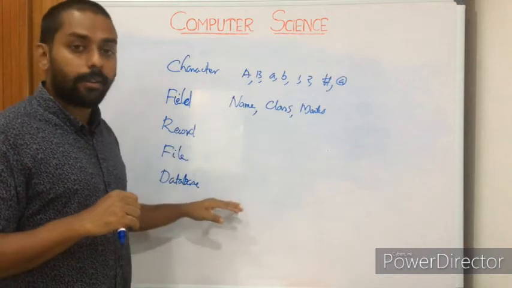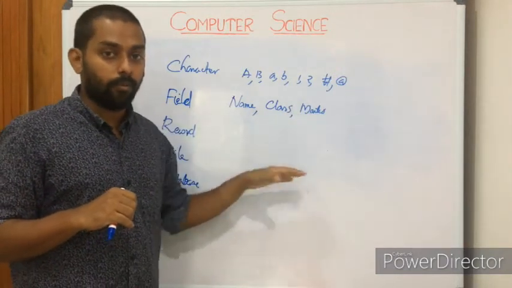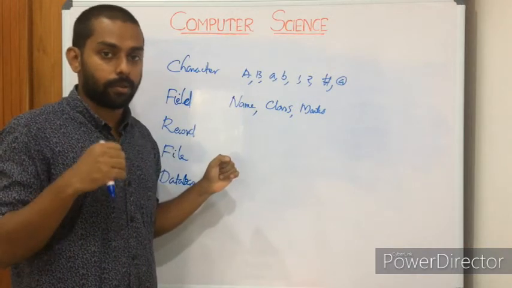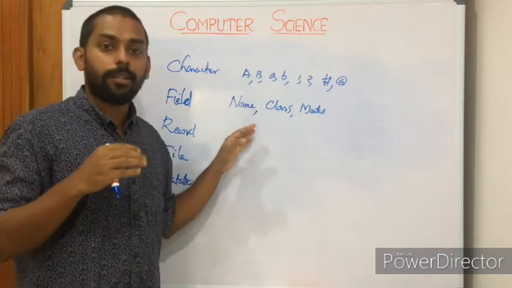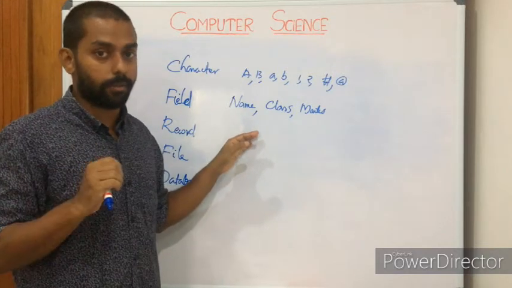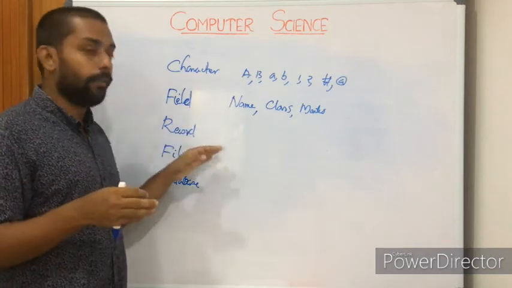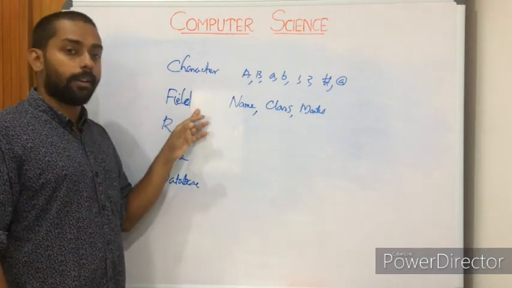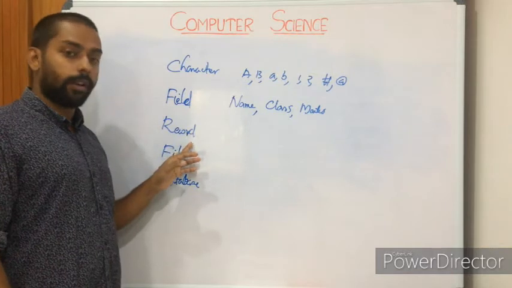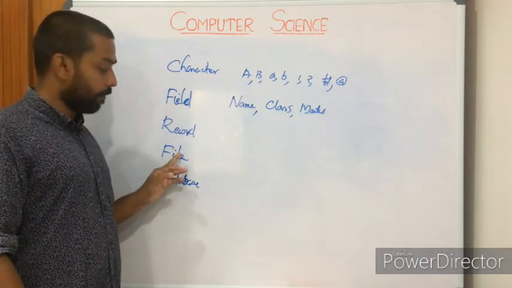Then we have seen the data storage hierarchy. Plus, SQL is a language used to manipulate the back end or rear end of a software. SQL stands for structured query language. Then we have seen the data storage hierarchy with 5 elements: character; field, a collection of characters; record, a collection of fields; file, a collection of records; database, a collection of files.